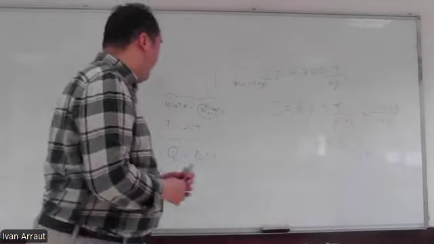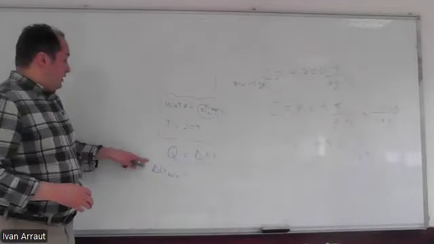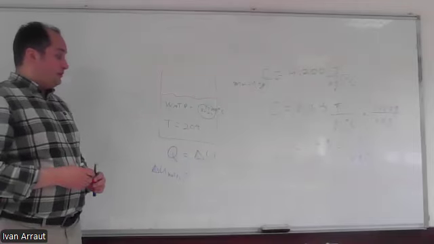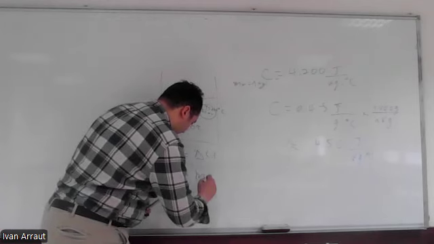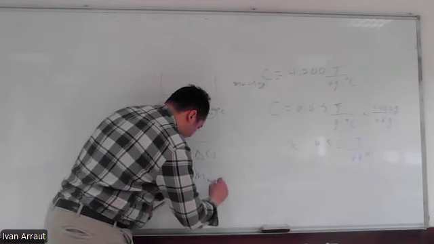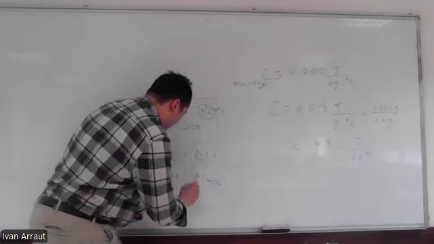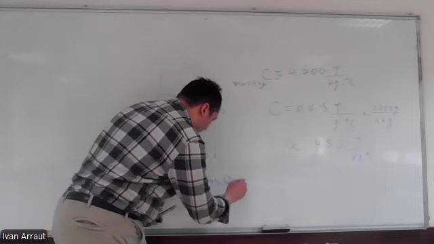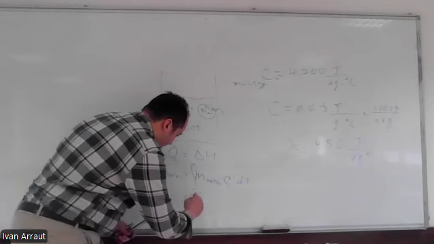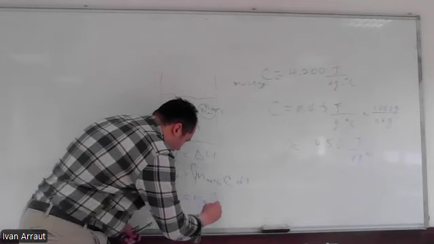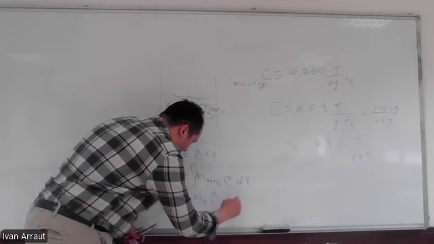Then let's put it in this way. Change of internal energy of the water will be mass of the water, more properly, the integration of heat capacity dT. So if you take the heat capacity constant, it will be mass of water, heat capacity, change of temperature.